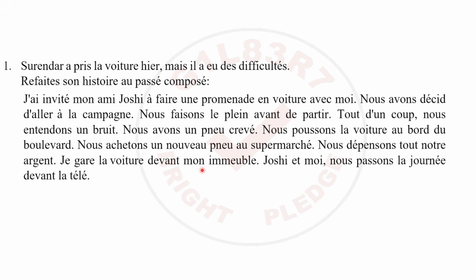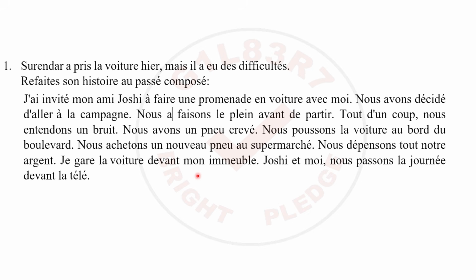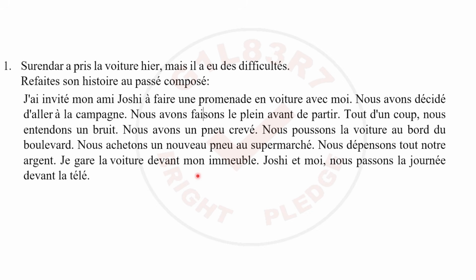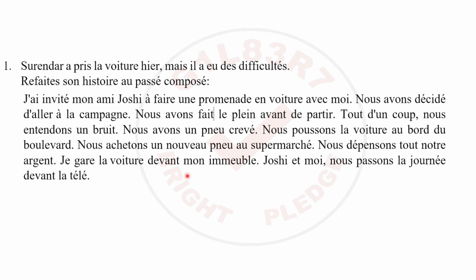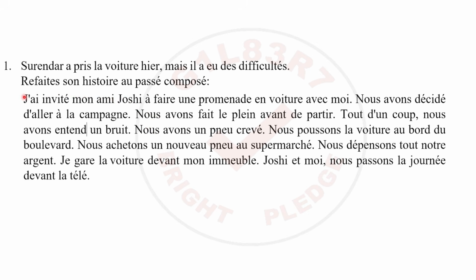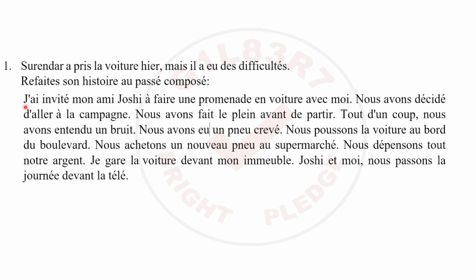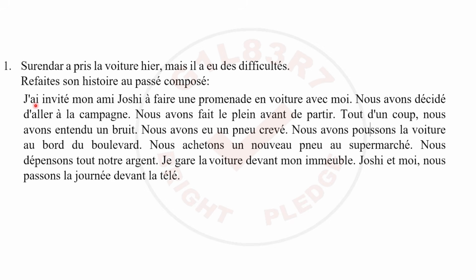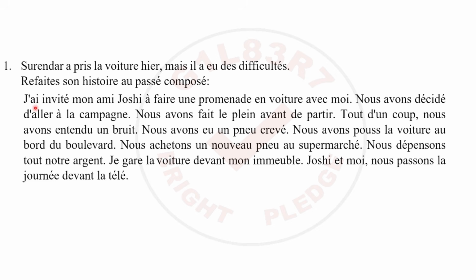In this paragraph, the auxiliary verb is going to be avoir for all of the given verbs here. So as you can see, when the subject is I, that is je or j', we are going to use the auxiliary verb avoir. So the conjugation is ai, and then followed by the past participle.